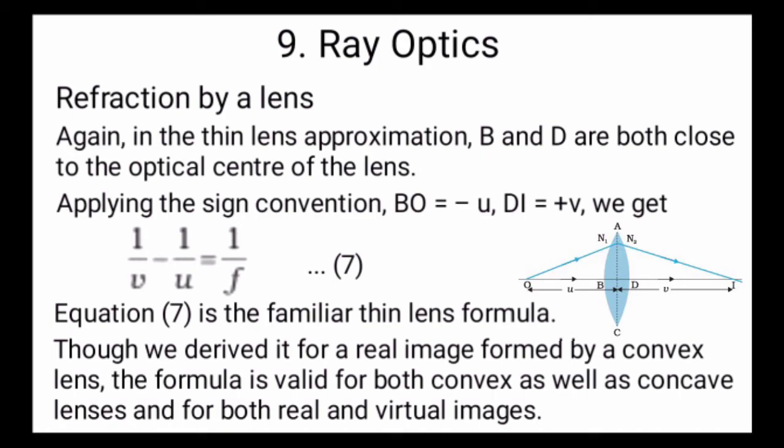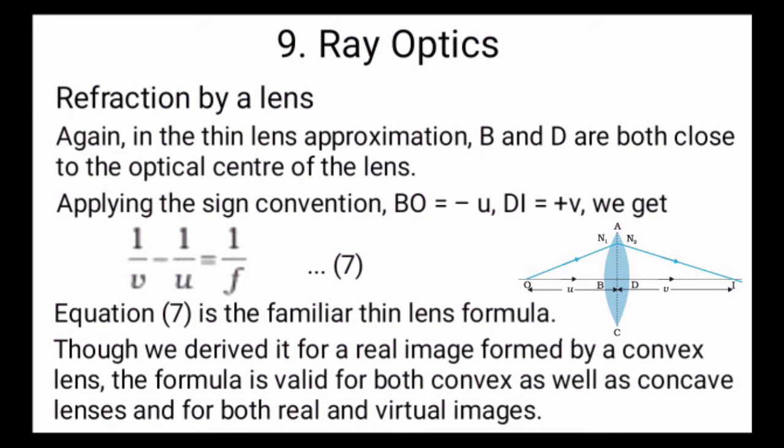Again, in the thin lens approximation, B and D are both close to the optical center of the lens. According to the figure, applying the sign convention, BO is equal to minus u and DI is equal to plus v. We get 1 upon v minus 1 upon u is equal to 1 upon f.